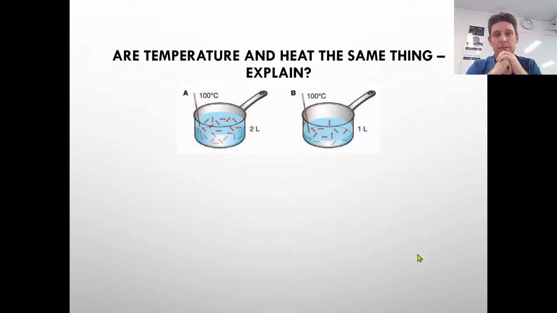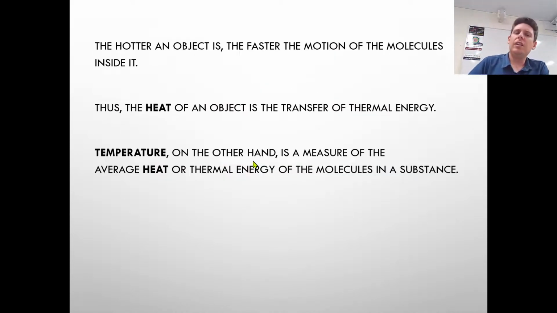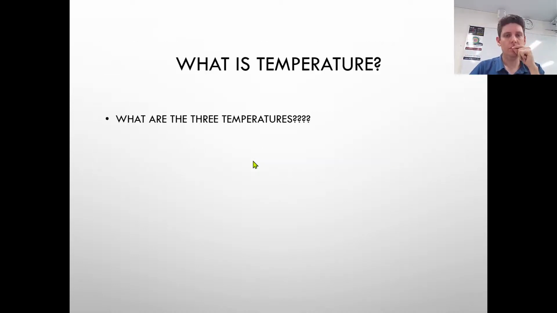What do you think? More particles. In the bigger pot, there's more particles, so overall, in that pot, there's more heat energy. So, really, I hope you understand the difference between heat and temperature now.